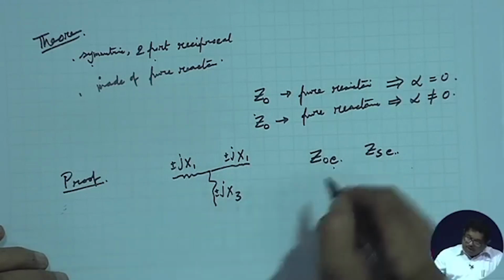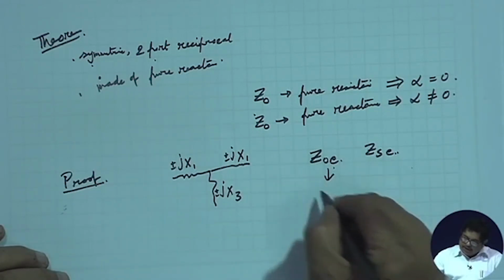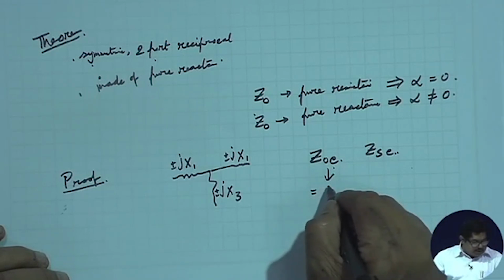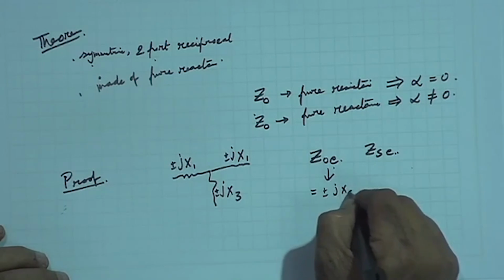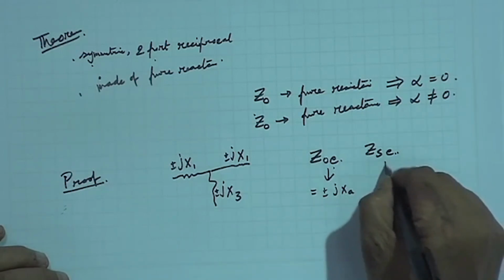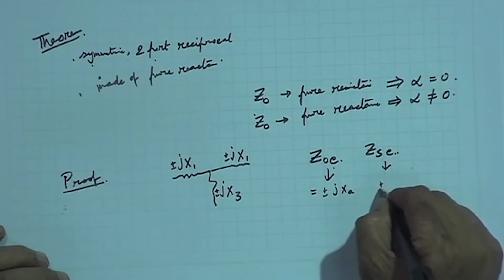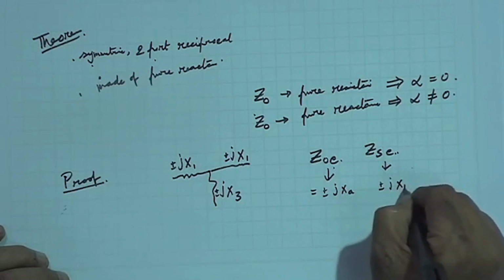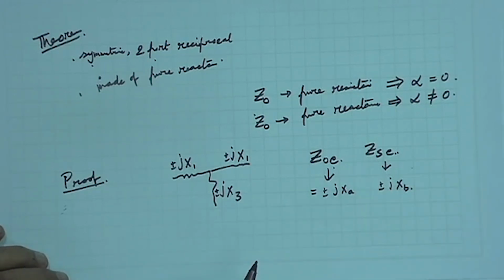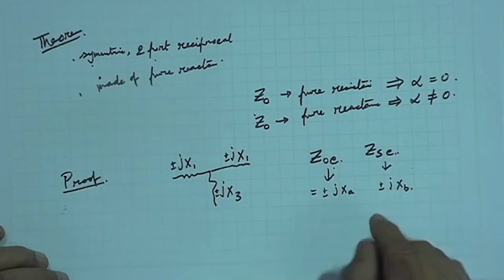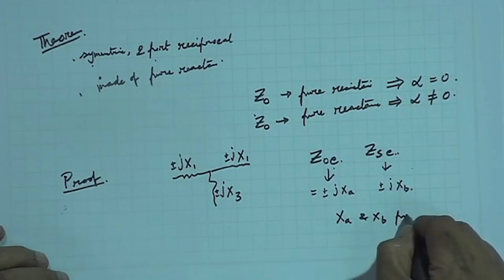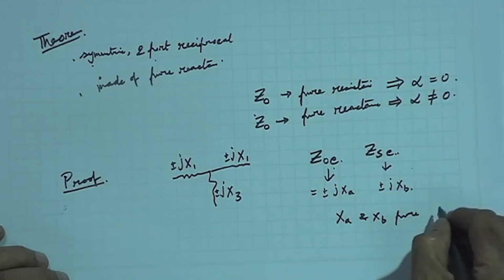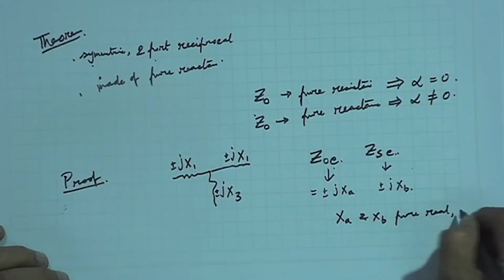So, let us consider that ZOC, let us call it plus or minus jXA, and ZSC is plus or minus jXB. That means XA and XB are pure real positive numbers.